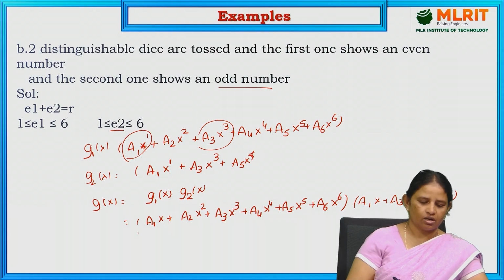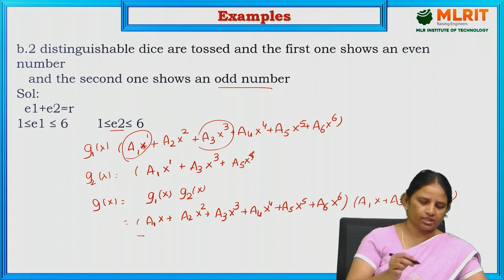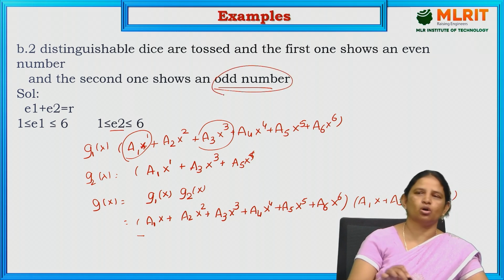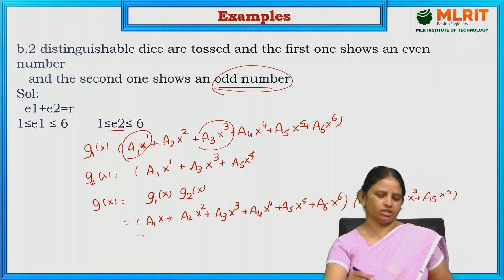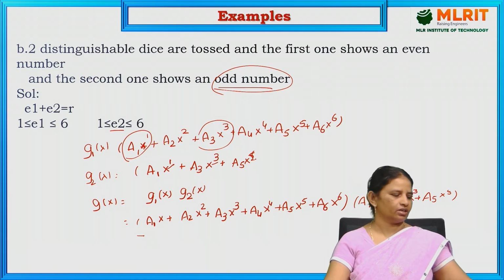So, this is the total generating function. It is similar to the first one, but the difference is it can show only odd numbers. So, we have to select only 1, 3, 5 in the generating function.